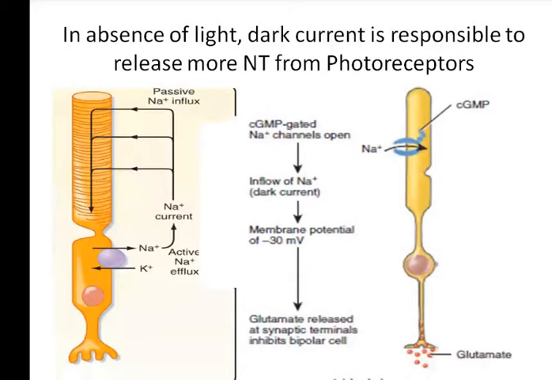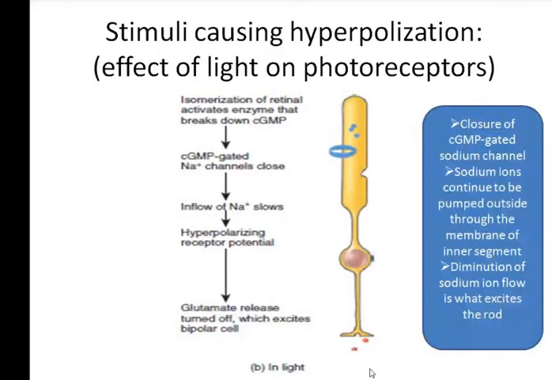However, I told you that where the light strikes, there will be closure of the cGMP gated sodium channel that I showed in the previous slide. And another is that sodium ions continue to be pumped outside through the membrane of the inner segment. Now look at here.